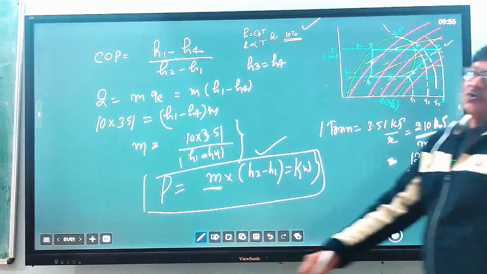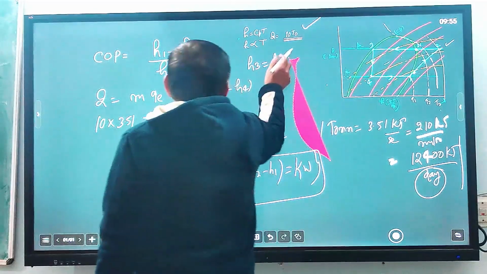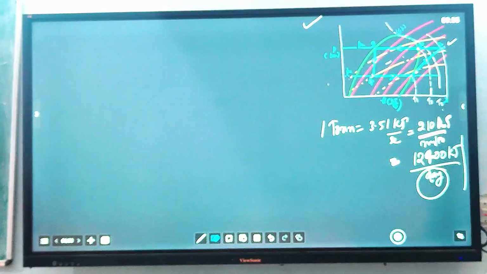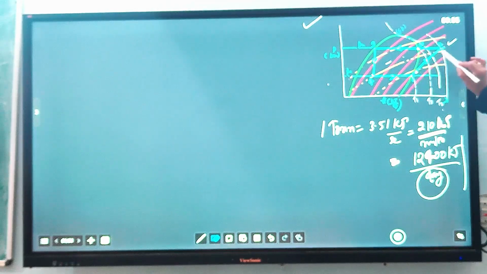Another thing you might be asked is to find the dimension of the compressor. At point 1, the data will be given in the table: the specific volume, because the yellow lines are specific volume lines.